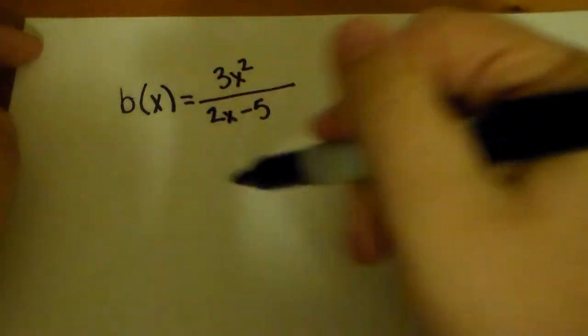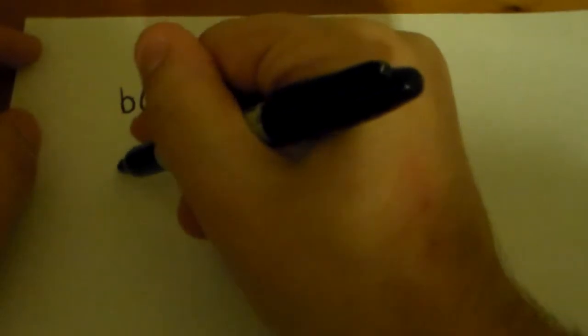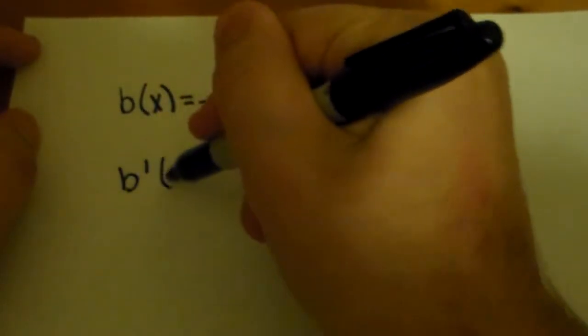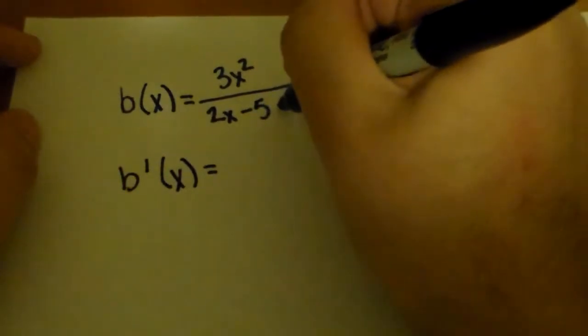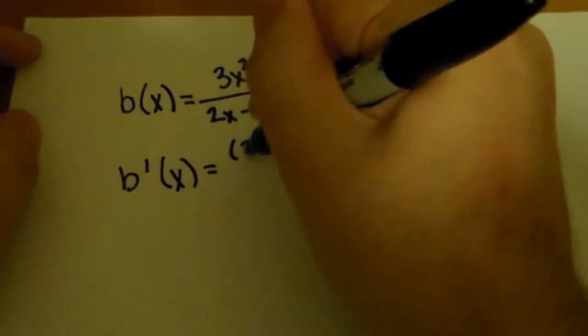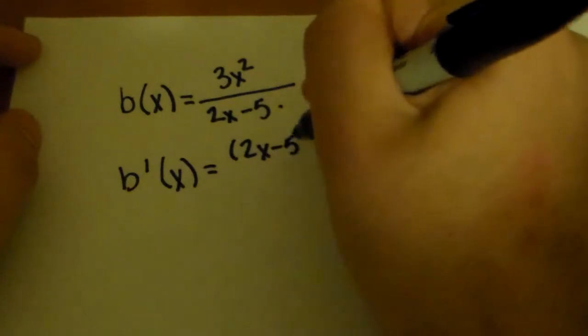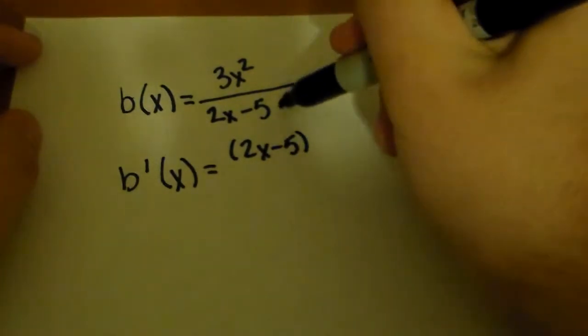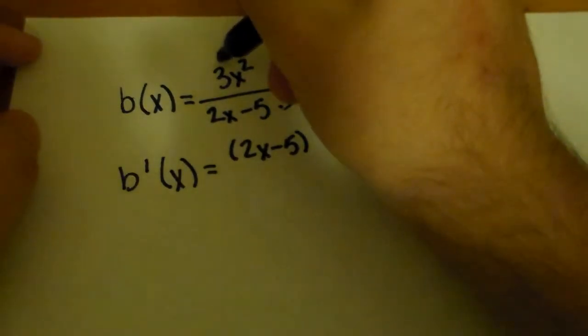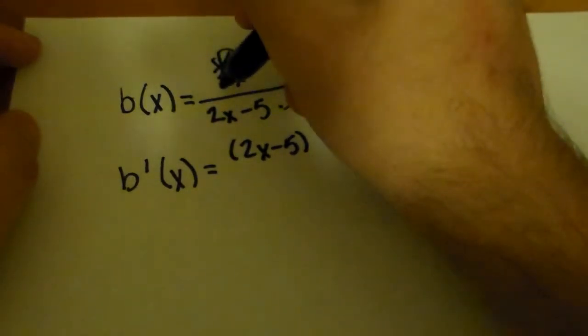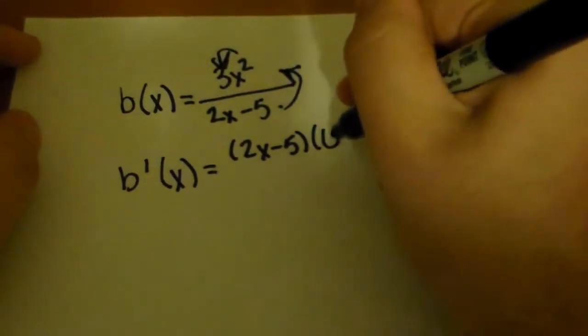So the first thing to do is write b prime of x equals the denominator, which would be 2x minus 5, times the derivative of the numerator, which you would bring that down. 2 times 3 is 6.